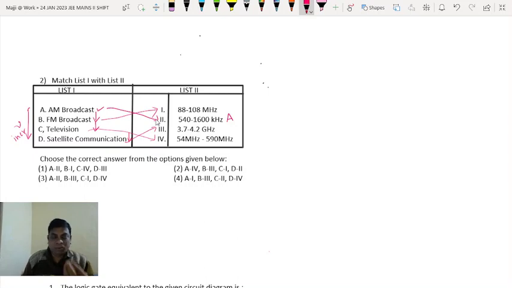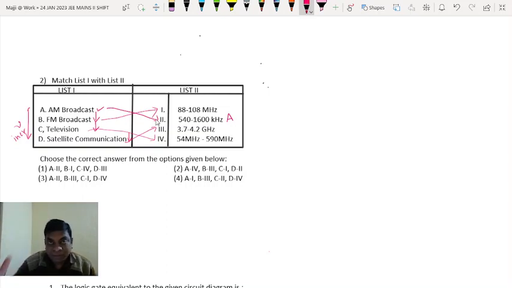Now, just a small piece of information, students. Up to FM broadcast, the electromagnetic waves get reflected at the ionosphere, which is the topmost layer of the atmosphere.